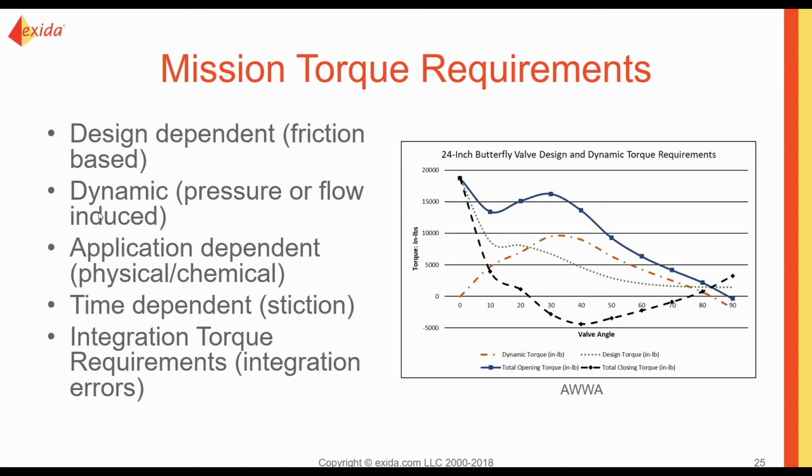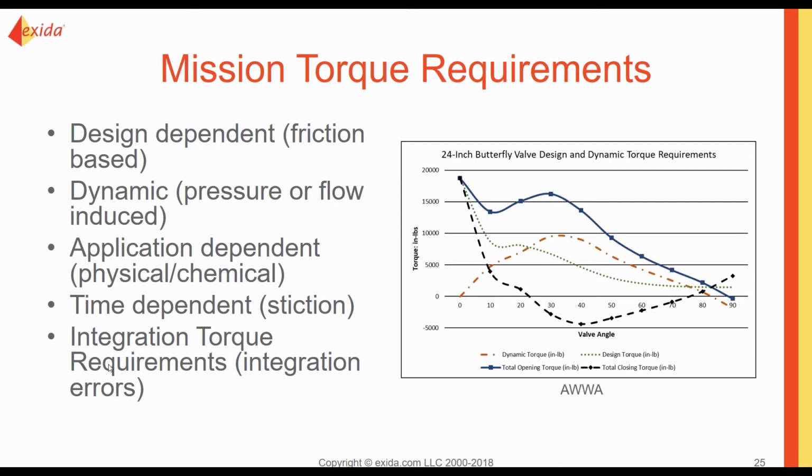In the exida FMEDAs, we have that available, as you can get a dynamic as well as a static analysis. And then also there can be integration torque, or misassembly, misalignment or mismaintenance torques that result from less than perfect design and integration.